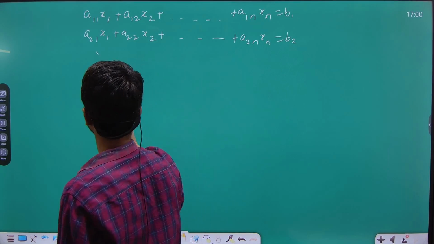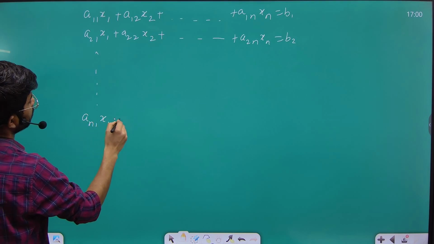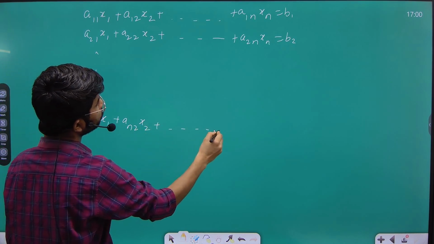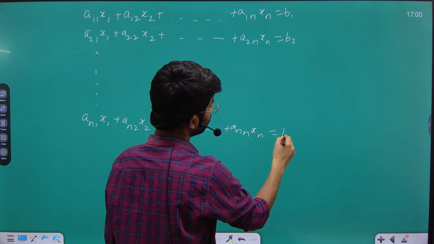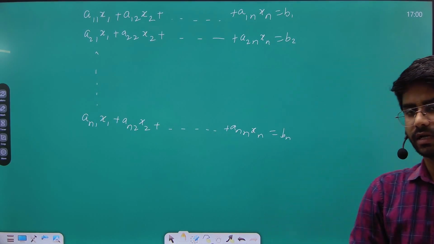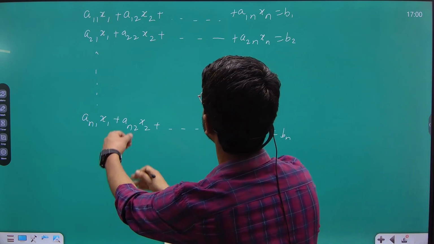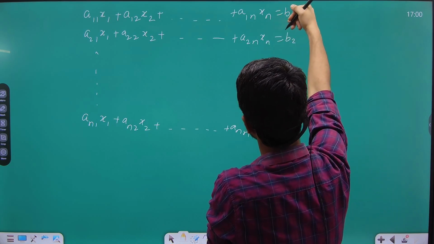In a similar fashion, you had an1 x1 plus an2 x2 and so on to ann xn equal to bn. The first subscript represented the number of equations, while the second subscript represented the number of elements. Okay. So you saw that in the previous class.